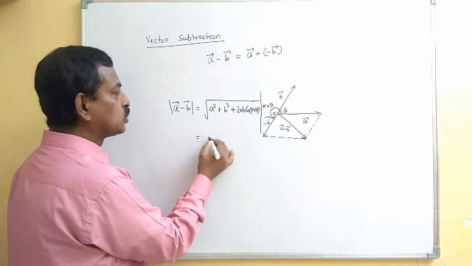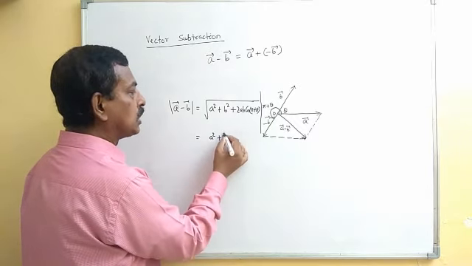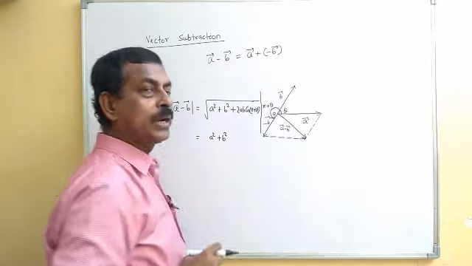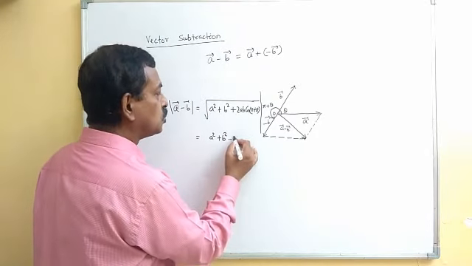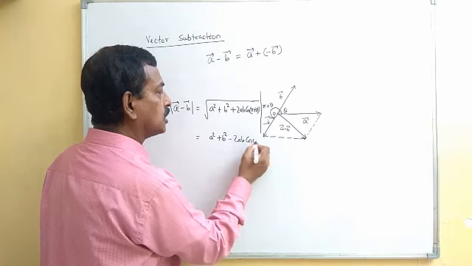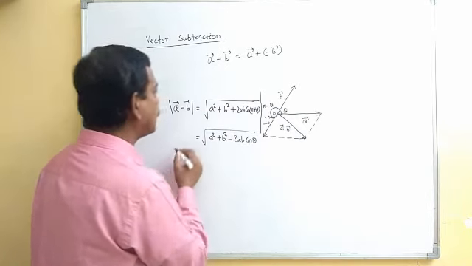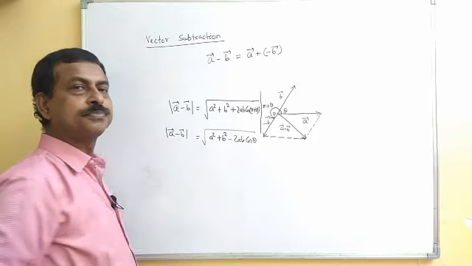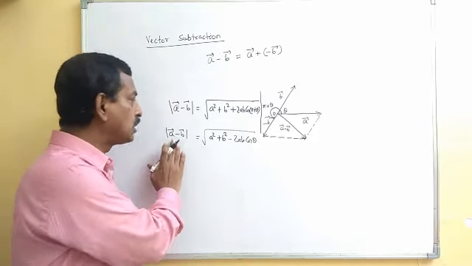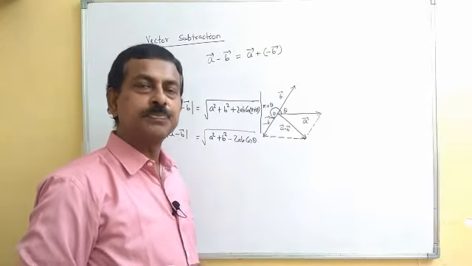Now, this is your A square plus B square, and cos 180 plus theta is minus cos theta, so this will equal minus 2AB cos theta. So this is the magnitude of A minus B. So we have got the magnitude of the difference of the two vectors.